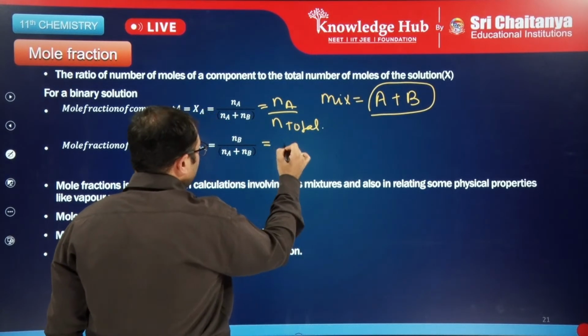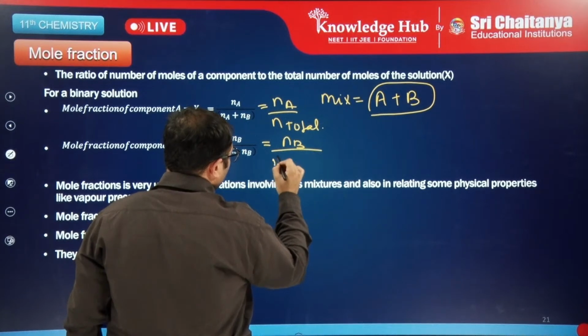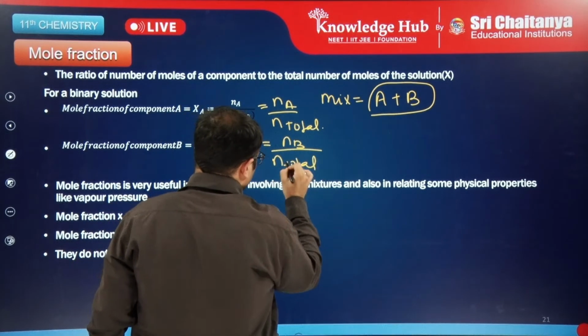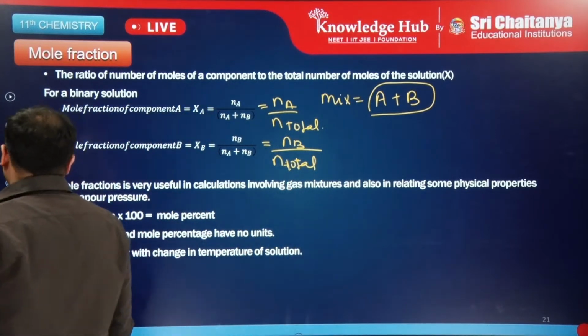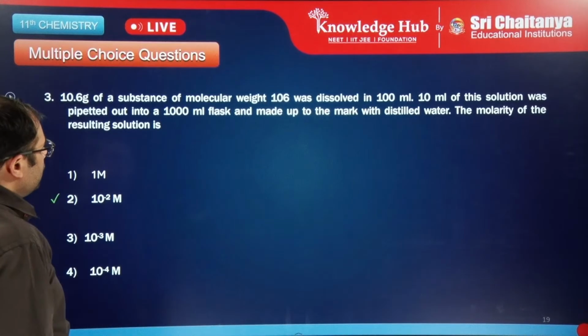Similarly for B, Nb by N total. This is called mole fraction.